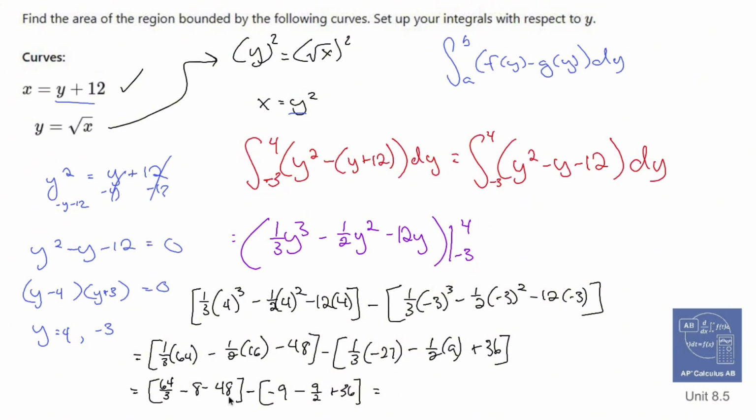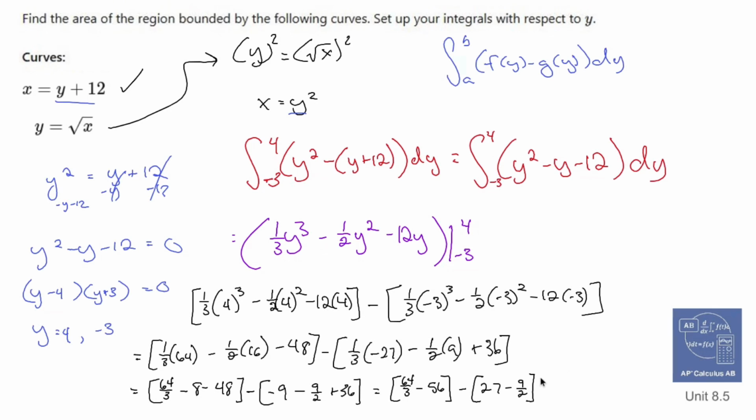So let's just keep going. We've got 64 over 3 minus 56 minus negative 9, that's 27, minus 9 over 2.